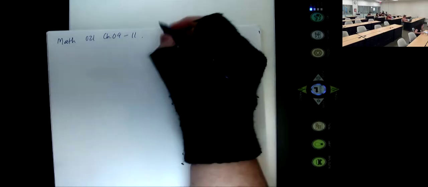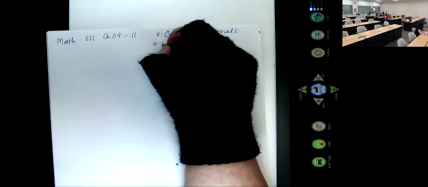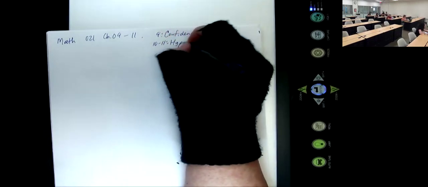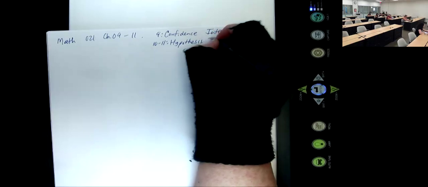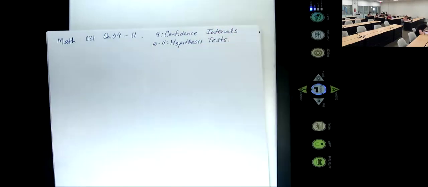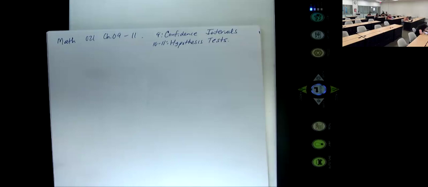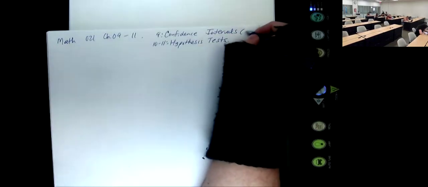And 10 and 11 were on hypothesis tests. And connecting these dots is kind of handy. Why are we doing that? So I'm going to abbreviate confidence intervals as CI.